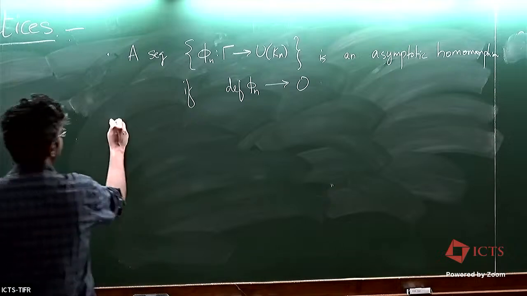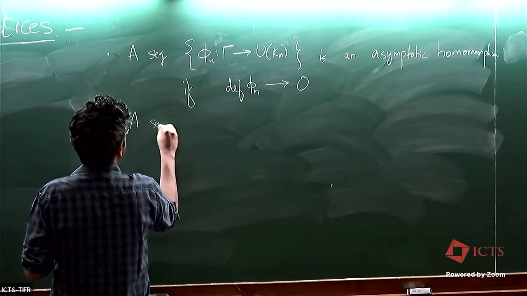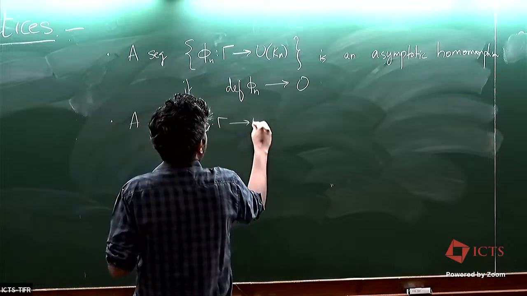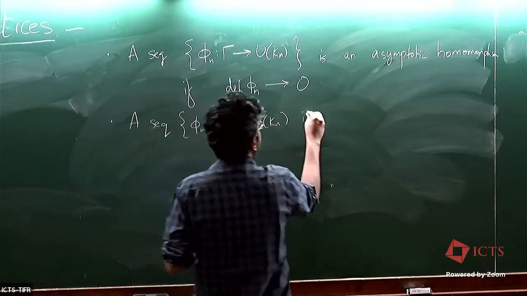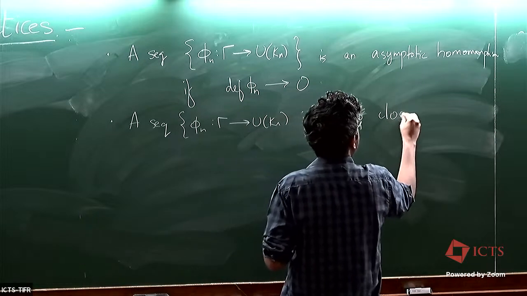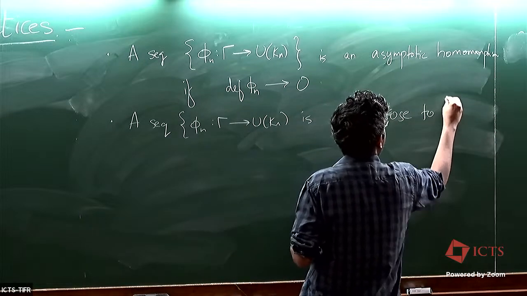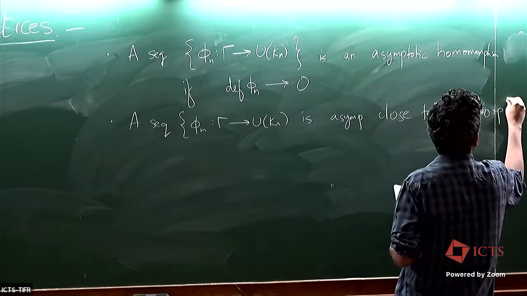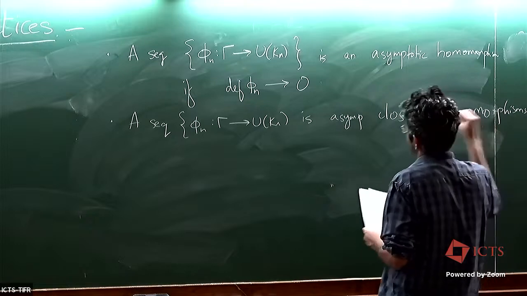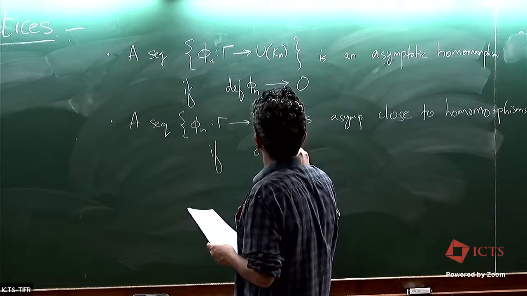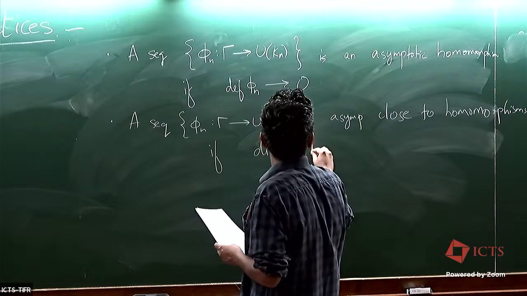And similarly, a sequence phi n is asymptotically close to homomorphisms if the distance of phi n goes to 0.